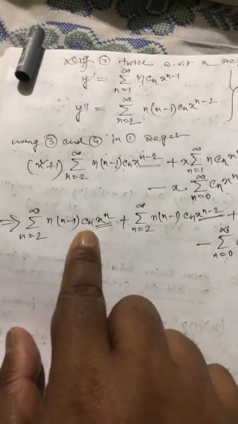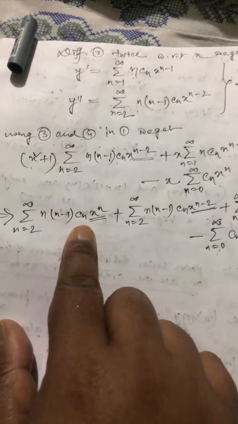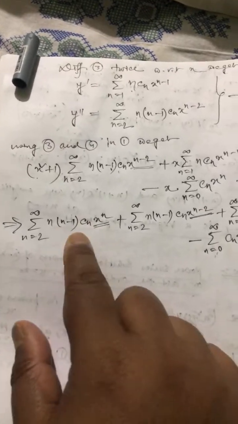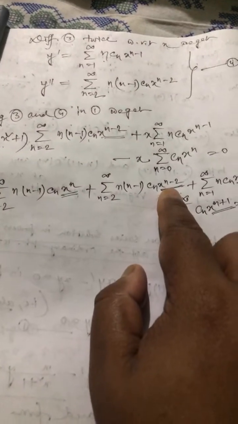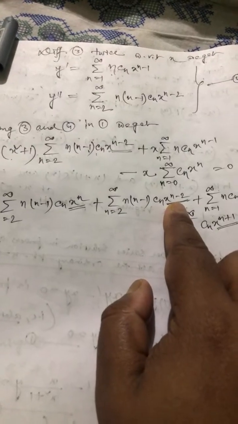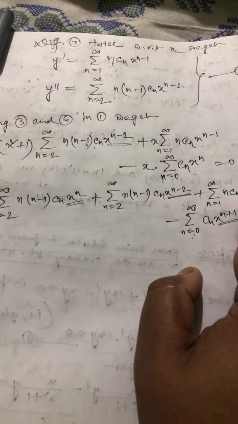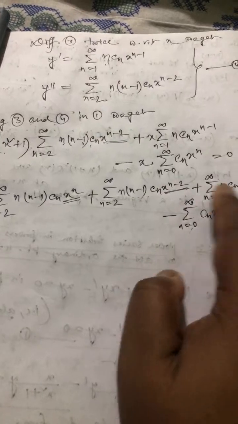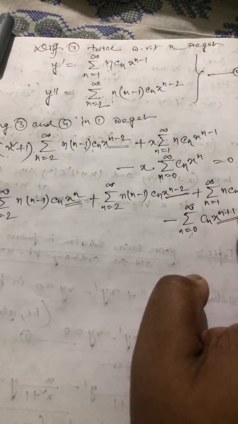That means already in the first term you have x to the power n, so there is no need to modify it. But in the second term you have x to the power n minus 2, which has to become x to the power n. Here also x to the power n is perfect, but here x to the power n plus 1 you need to modify.